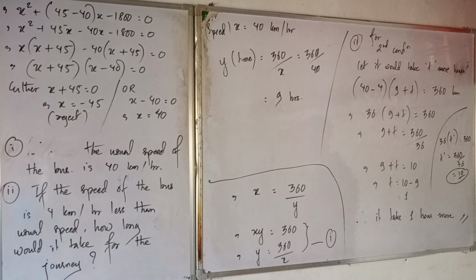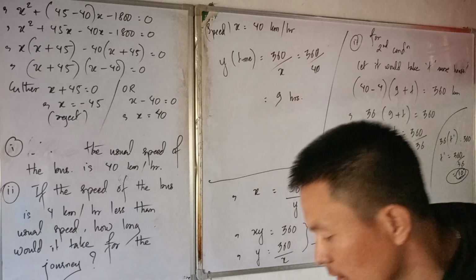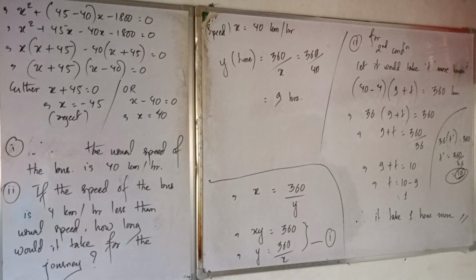In the previous case it was 9 hours, now according to the second condition it takes 10 hours, or 1 hour more. It's the same. Whatever way you interpret your answer, it is the same. Now it takes 1 hour more to travel that distance. So this is the answer.